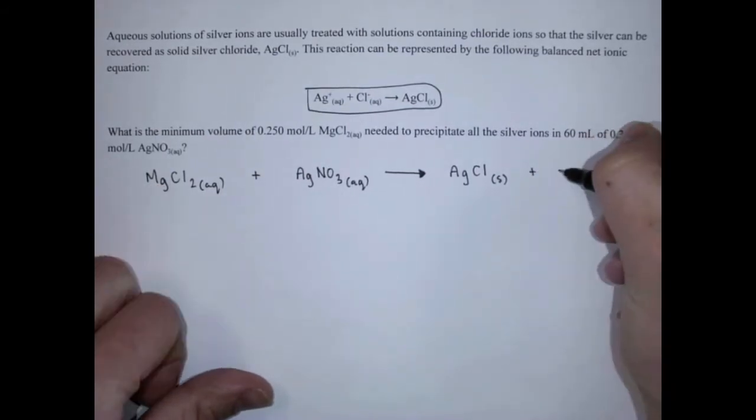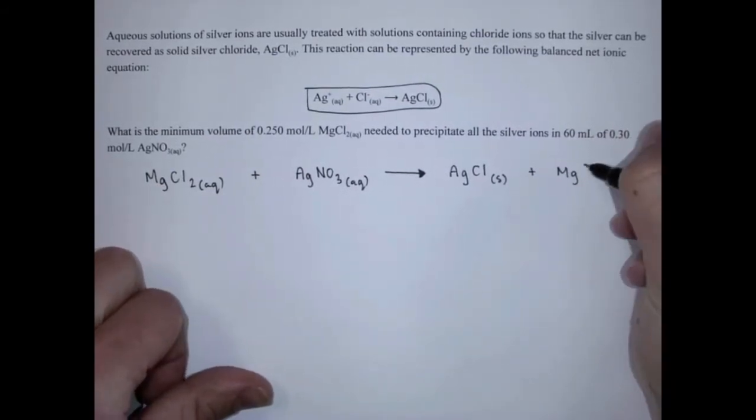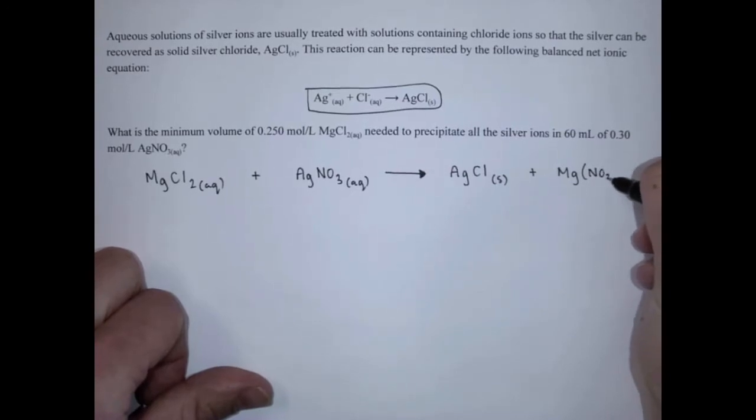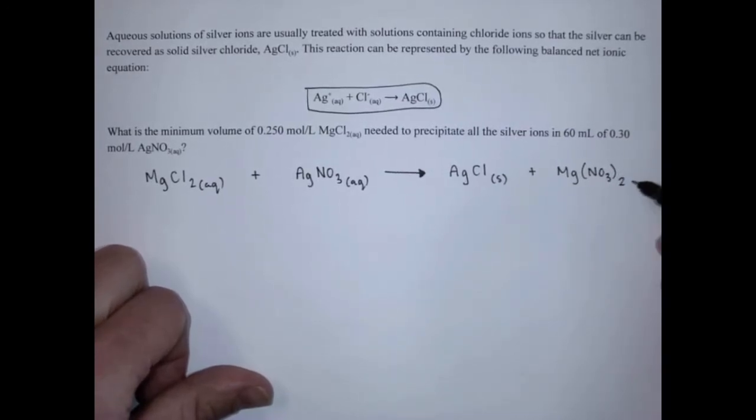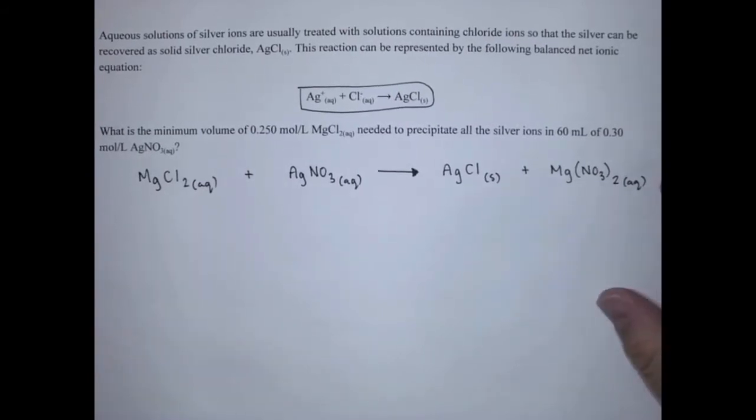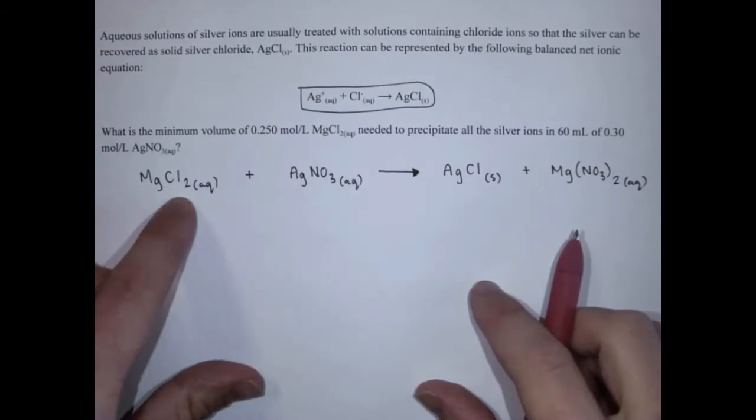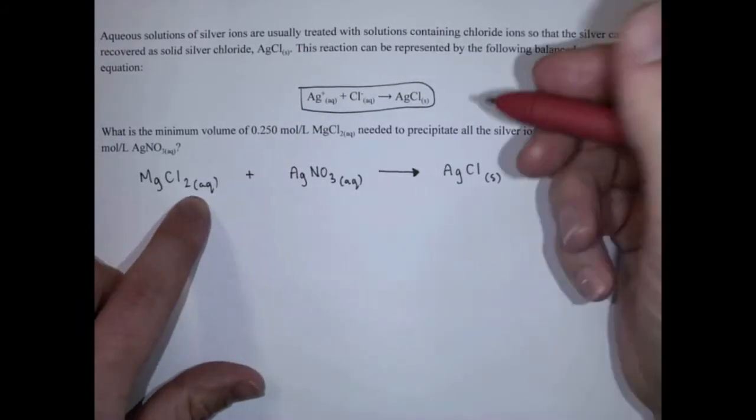and we're going to make magnesium nitrate, which will be soluble. All nitrates are soluble. So there we have it. We have an equation. We do need to balance it still, and balancing it should be simple. We have 2 chlorines on the left.